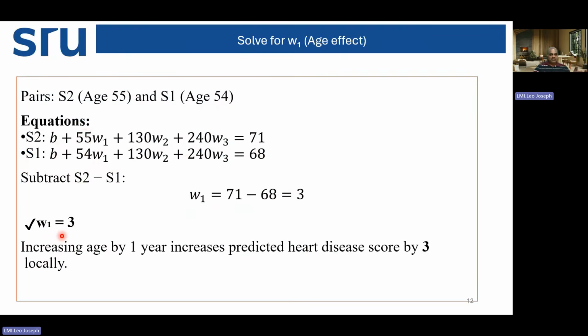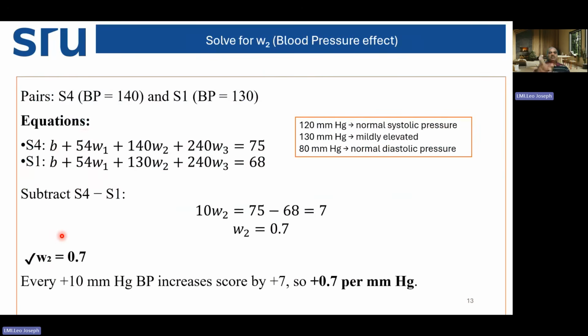Fine. Next, we will compute in the same manner. S4 and S1 I am taking. What is the variation? You can see 54 is the same, but here 130 becomes 140. There is a deviation of 10. So what is the meaning of this 0.7? For every 10 mm increase in the blood pressure, the score will increase by 7. 120 mm is normal systolic pressure. 130 mm is mildly elevated. 80 mm is the normal diastolic pressure.